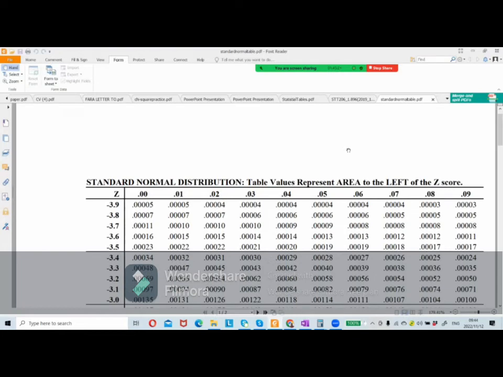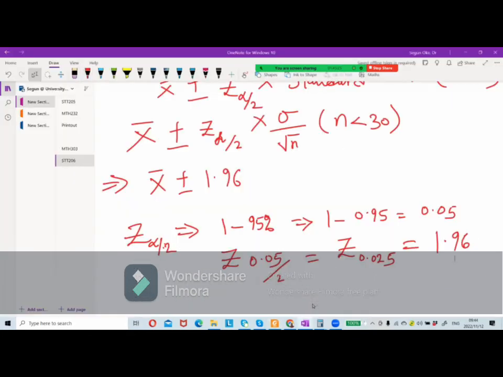Now, how do we check? From this one, we want to look for this value on our statistical table. I will show you. I will send it to you. Check it. I'm just giving you the method, not because of your exam.